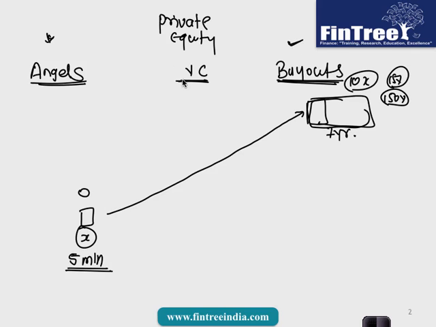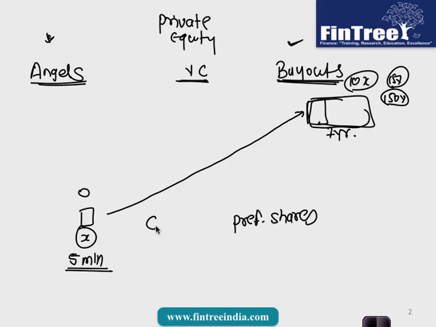So rather than giving shares in the form of equity, what these investors prefer is to give out shares in the form of preference shares. So every year you would get to earn some dividend, but these preference shares would be convertible preference shares.